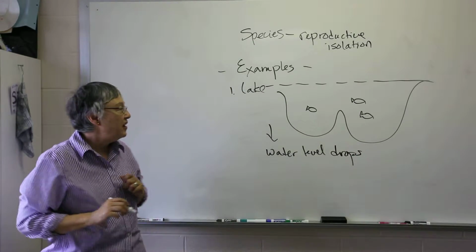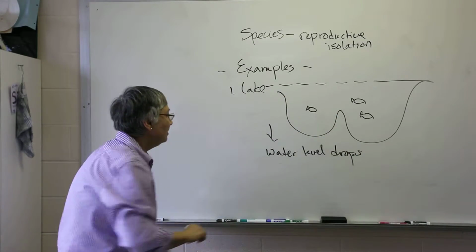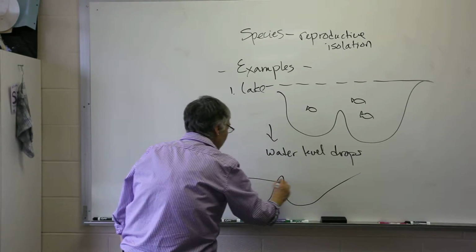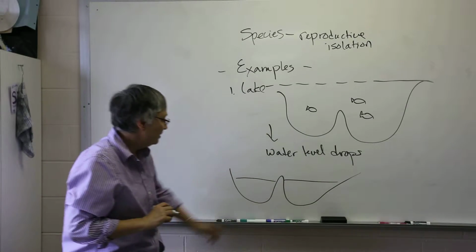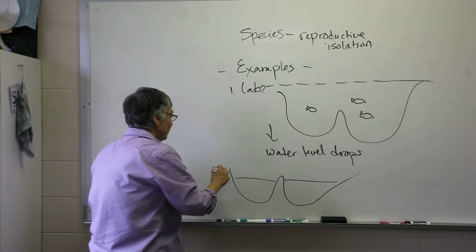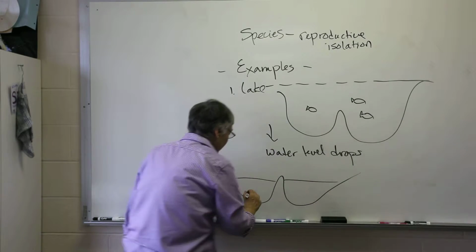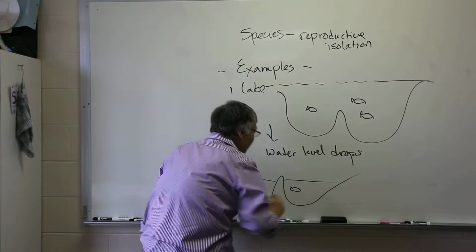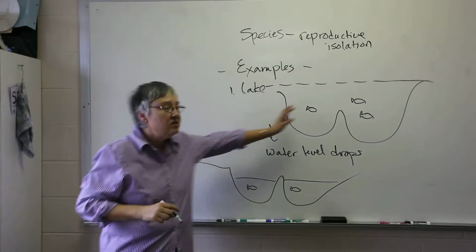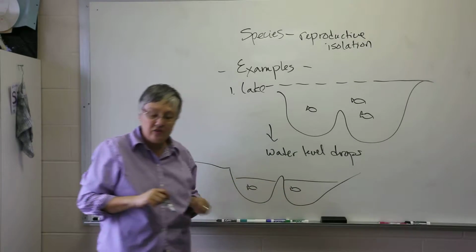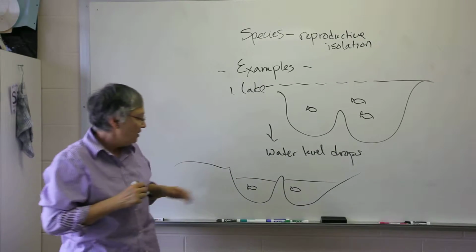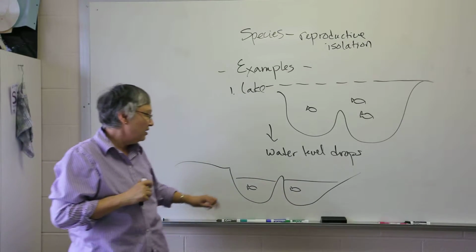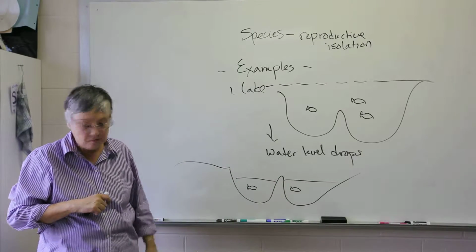So now, instead of having one body of water, we now have 2 bodies of water that are separated by a small area of land, and the fish population that was once larger is now divided into 2 smaller populations, and these can begin to differentiate based on differences in the environment between the 2.